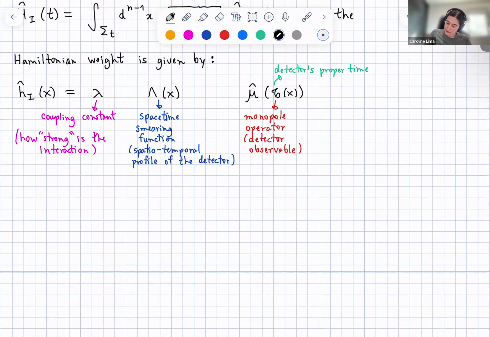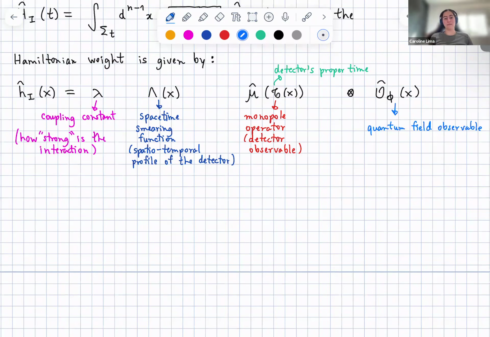On top of that, I need to couple this to some quantum field observable, right? So I'm coupling to some observable of the quantum field. This is some quantum field observable.